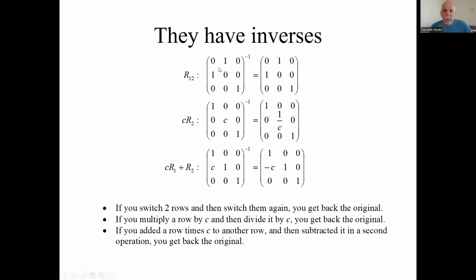Another nice thing about each of those matrices that in effect do a row operation is that they have inverses. You can prove that here are the inverses, but what the inverse does is undo the operation. So if this matrix was the one that swapped rows 1 and 2, I swap them again, I get back the original.